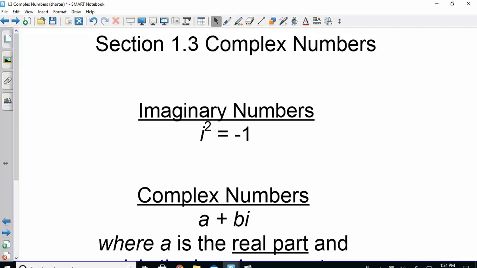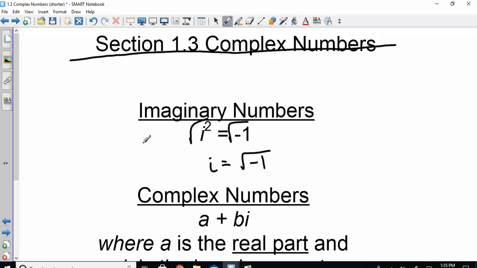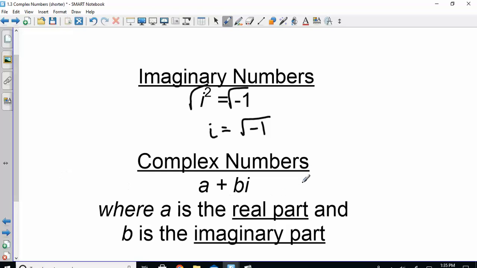So i is the imaginary number. i squared is equal to -1. So if i squared equals -1, then that means i is the square root of -1. Okay? So a complex number itself is anything written in the form a plus bi. This is the standard form for complex numbers.